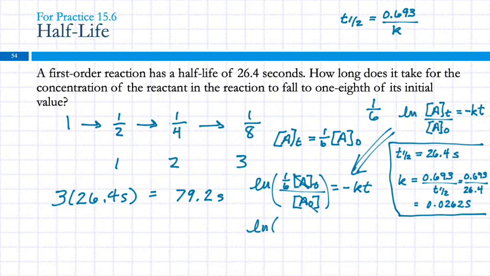Now we have the natural log of 1/6 is equal to negative KT. If I divide both sides by negative K, that's the time. So I need to take the natural log of 1/6 and divide it by negative 0.02625.